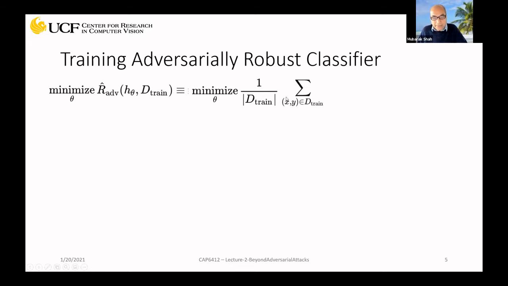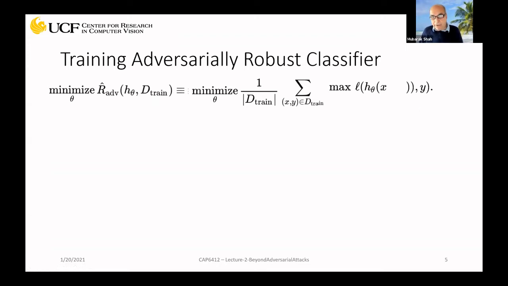We'll have pairs of the image and the label from the training data set, and we will sum up this loss, which is shown here. That loss is very similar to the previous loss. It depends on x and on the ground truth label.